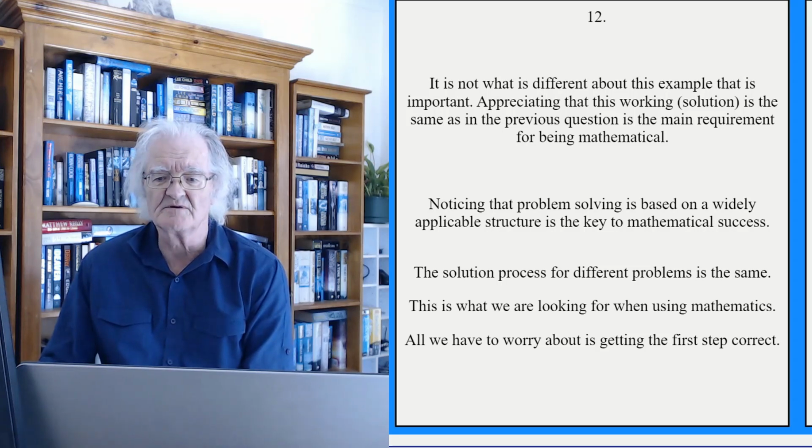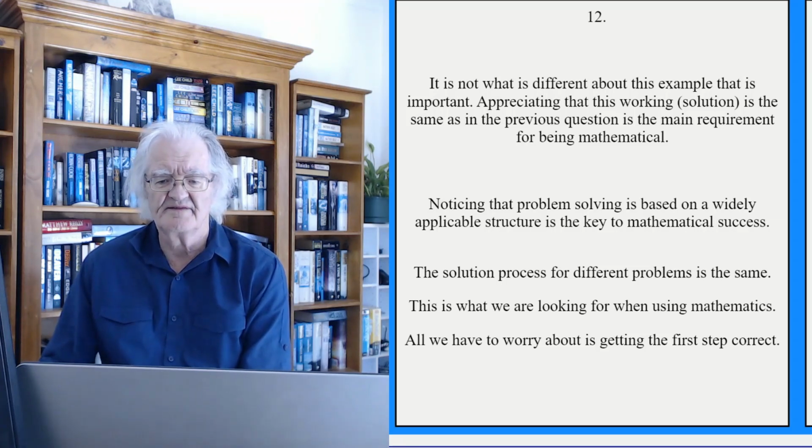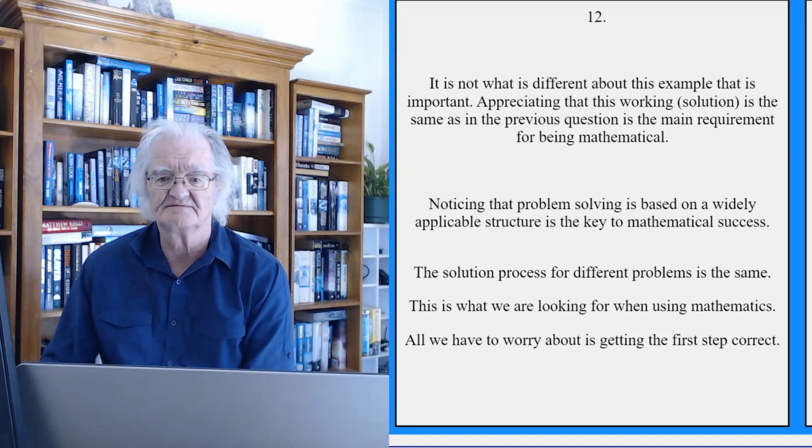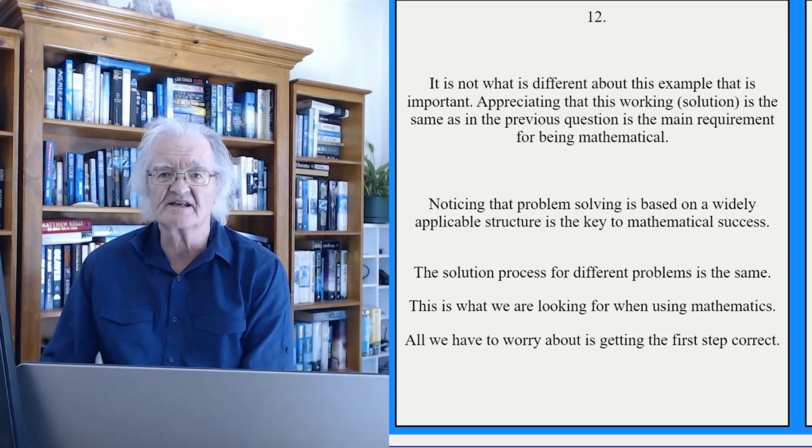Noticing that problem solving is based on a widely applicable structure is the key to mathematical success. The solution process for different problems is the same. This is what we are looking for when using mathematics. All we have to worry about is getting the first step correct.